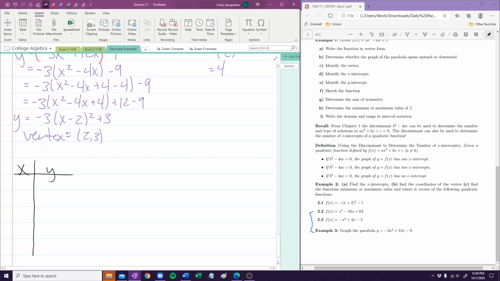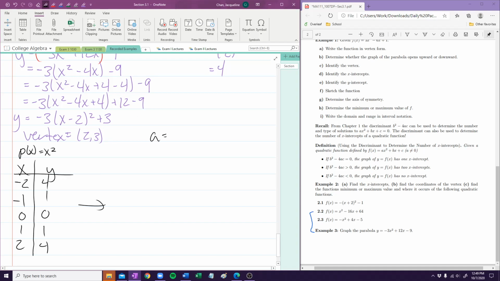So remember these quadratic equations have a parent function, so I'll just call it p of x is equal to x squared. I strip it from all its frills, and I'm just left with x squared. Okay, so this is negative 2, negative 1, 0, 1, 2, and then this is 4, 1, 0, 1, 4. Okay, so now what I'm going to do is I'm going to use the transformations.